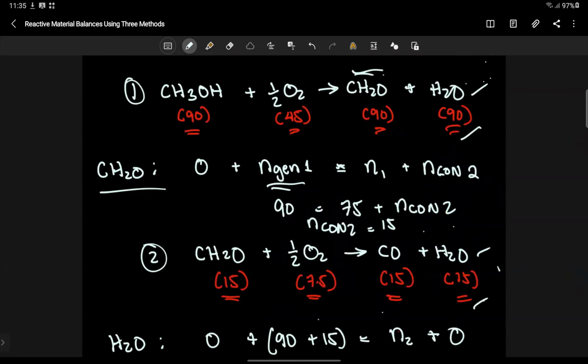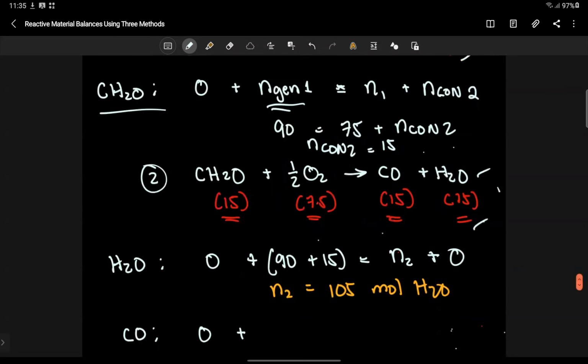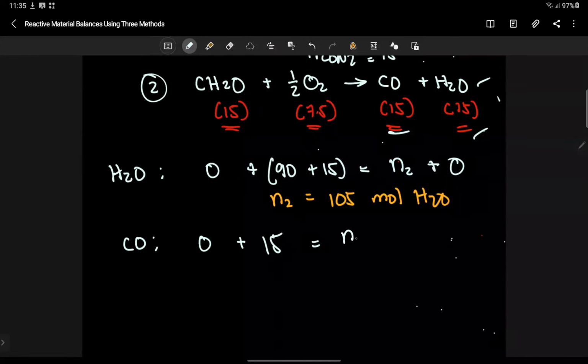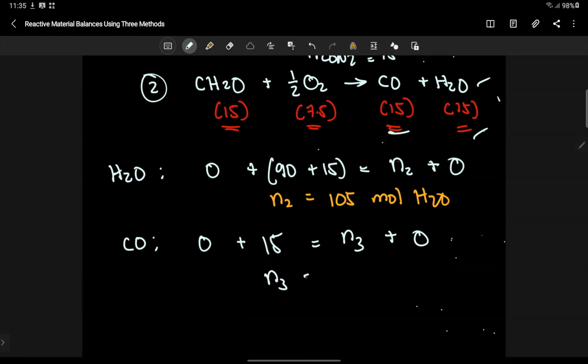Product ba siya o reactant? Product. So generated siya. And we know the value, which is equal to 15. Okay. Equals output carbon monoxide, N3 yung kanyang symbol, right? Plus consumed carbon monoxide, hindi naman siya reactant in any of the two reactions. So therefore N3 is equal to 15 moles of carbon monoxide.